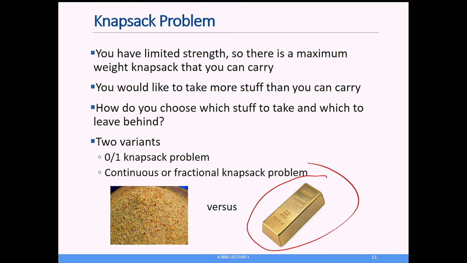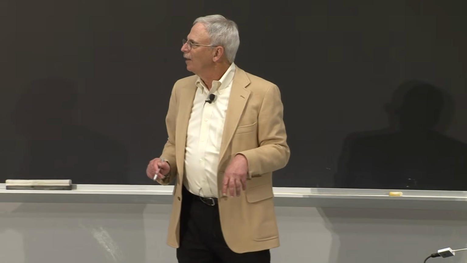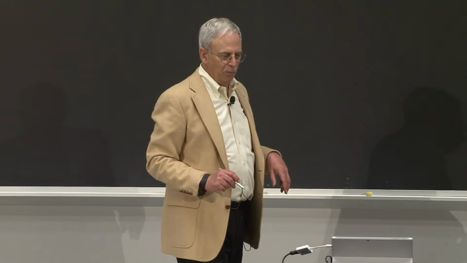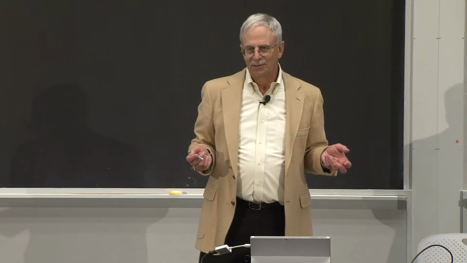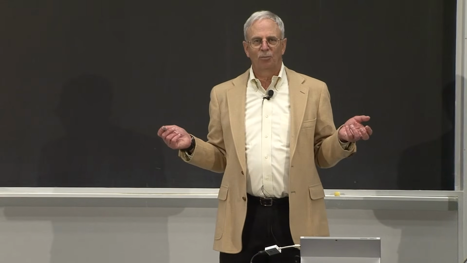The continuous, or so-called fractional knapsack problem says I can take pieces of it. So maybe if I've taken my gold bar and shaved it into gold dust, I then can say, well, the whole thing won't fit in, but I can fit in a part of it. The continuous knapsack problem is really boring. It's easy to solve. How do you think you would solve the continuous problem?